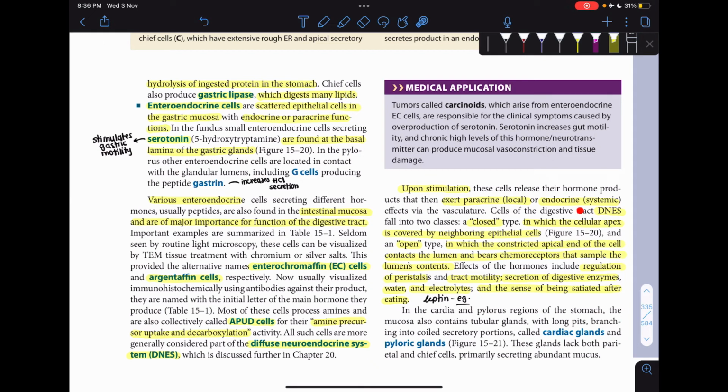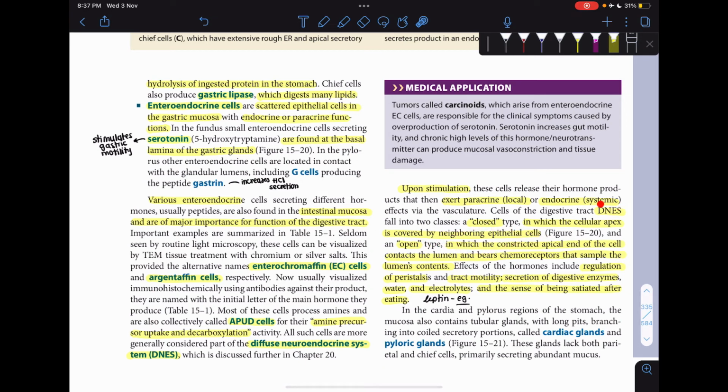Cells of the digestive tract that are DNES fall into two classes. So we have either a closed type of the DNES, or an open type of the DNES. The open type is when the constricted apical end of the cell contacts the lumen and bears chemoreceptors that sample the lumen's contents. And the closed type is when the cellular apex is covered by neighboring epithelial cells.